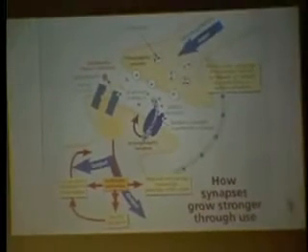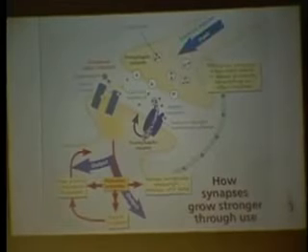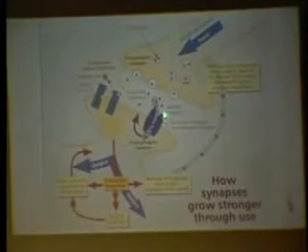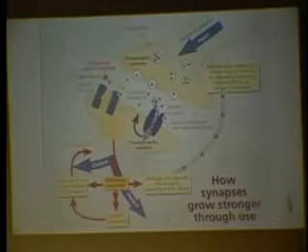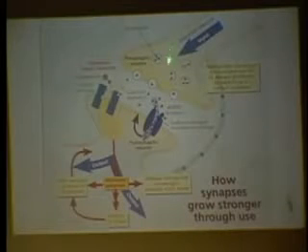Now we have an electrical impulse coming down a nerve fiber as it approaches the presynaptic terminal. We have some calcium out here. And what do we have in here?